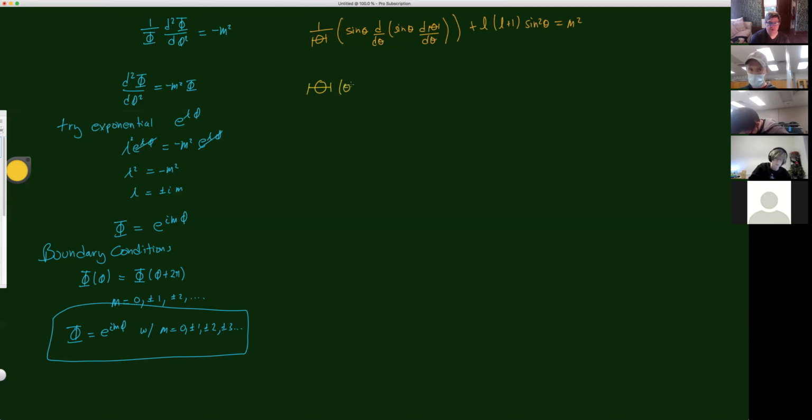The solution for Θ of theta is some constant A times the associated Legendre functions P_l^m as a function of cosine theta.